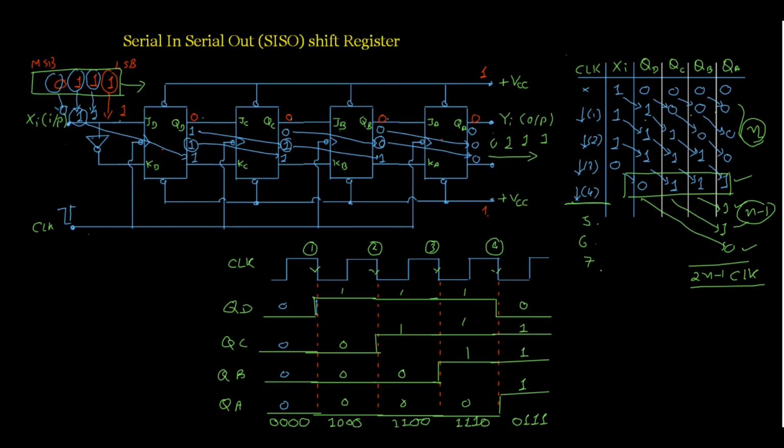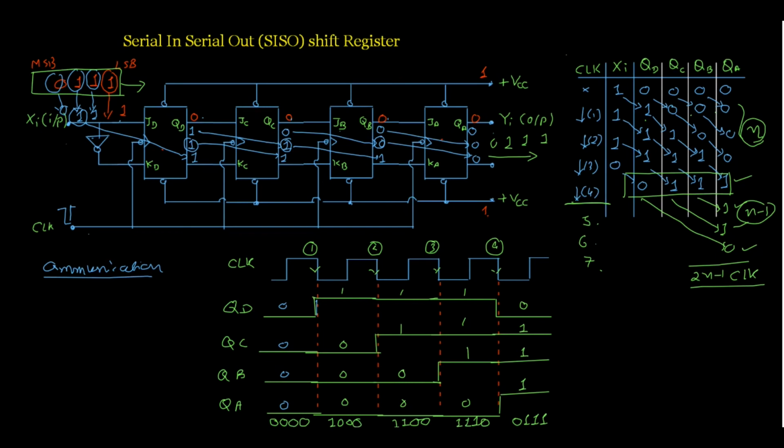Now, what is the use of this SISO register? Basically, it is used in communication. In communication, when you want to transfer data from one place to another, the parallel data has to be converted into serial form.